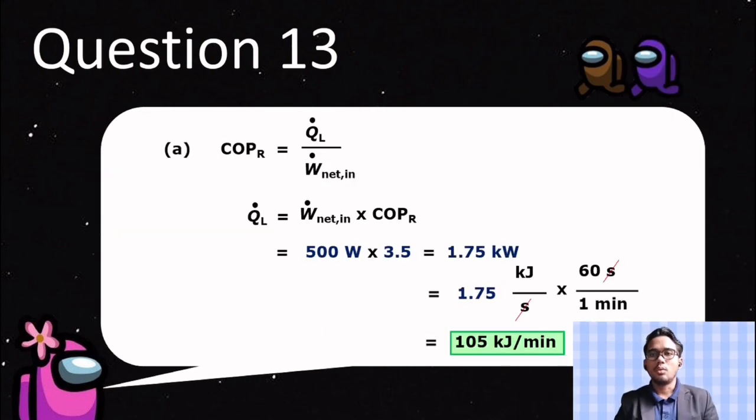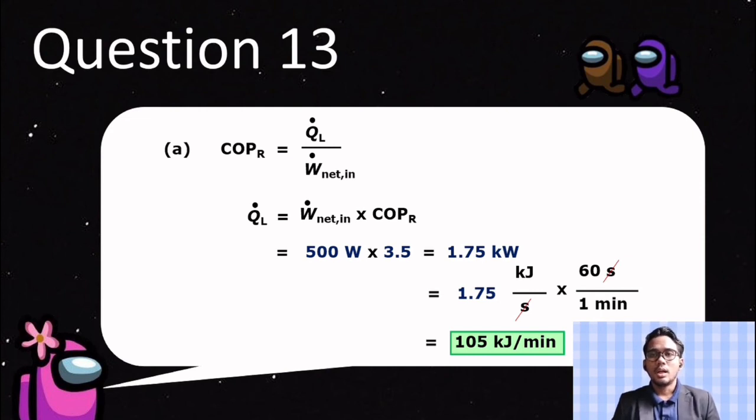Okay, right now we go through the solution for question A. COP R equal to QL divided by W net in. So we know the values that we have, COP and W net, and then we multiply W net by COP. After that we insert the value, which is 500 watt times 3.5, and then we get the answer 1.75 kilowatt.